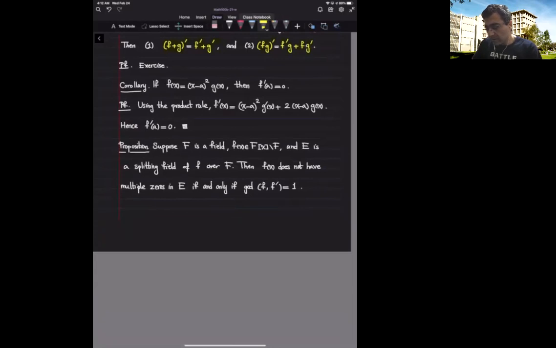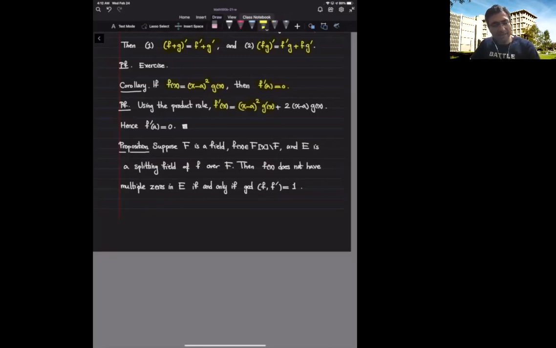So suppose my polynomial f is (x minus a) squared times another polynomial g. Then I say that implies that f prime at a is automatically 0. Let's see why this is the case. I use the product rule and I deduce that the derivative of f is the derivative of the second one times the first term plus the derivative of the first one times the second one.